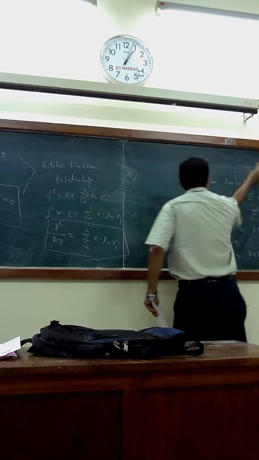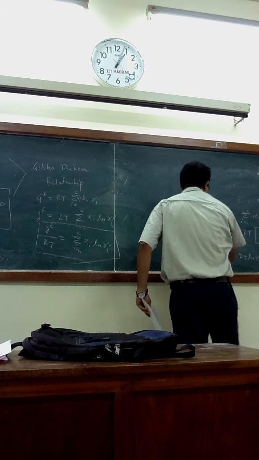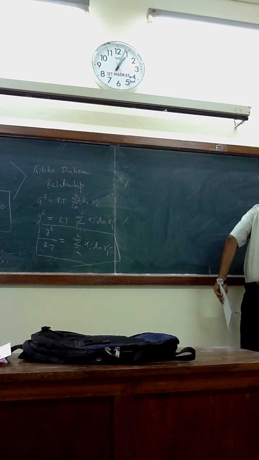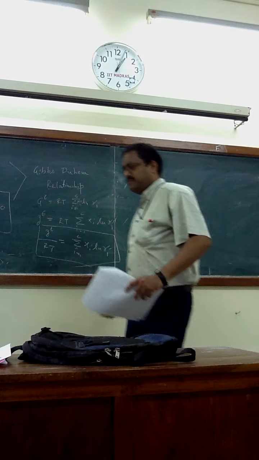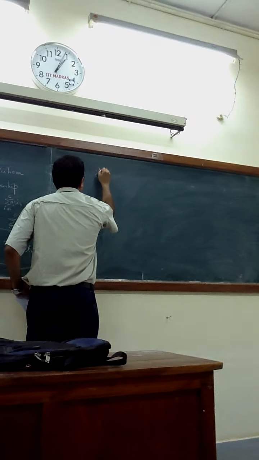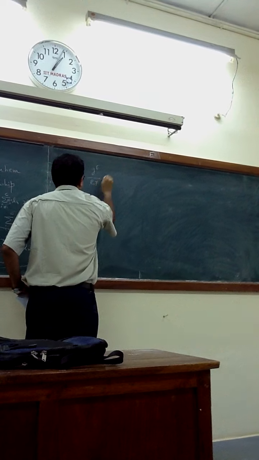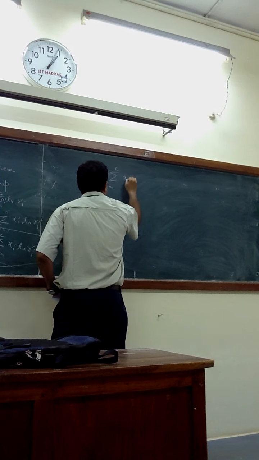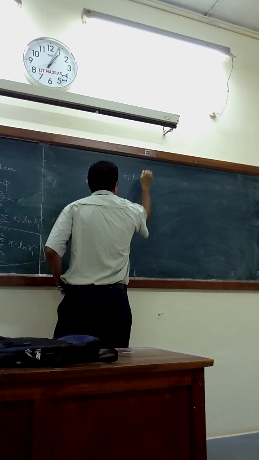So now we have to develop the models for Ge/RT, which is summation i equals 1 to C xi ln gamma i.